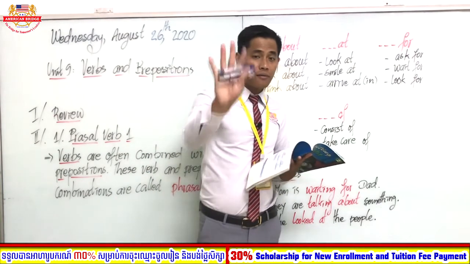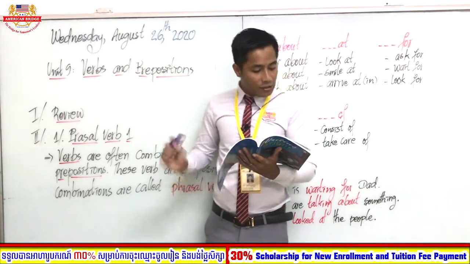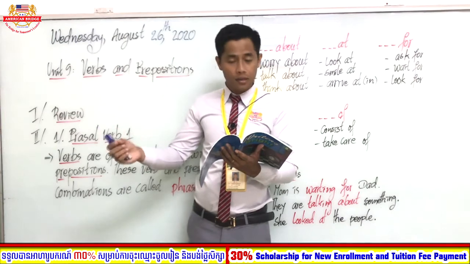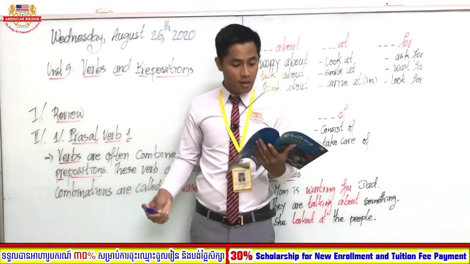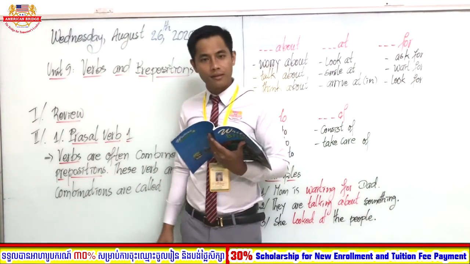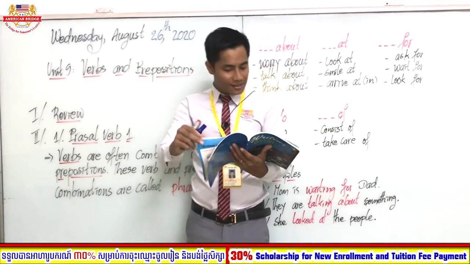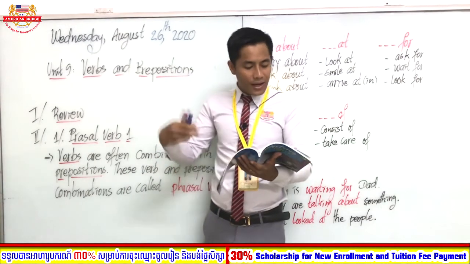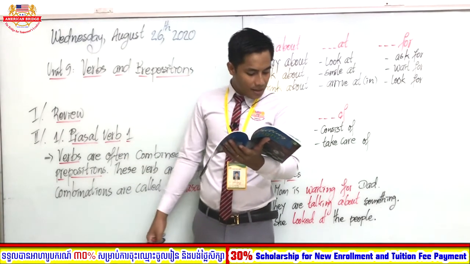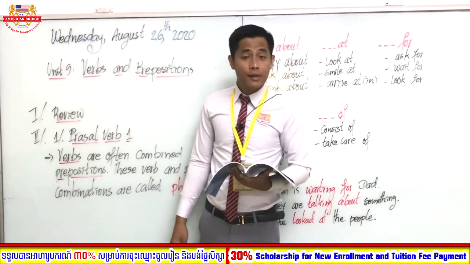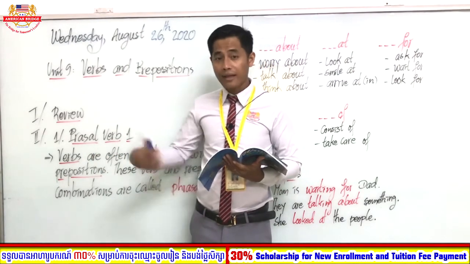So there are four types of preposition that we have learned in Unit 8: location, time, place, and direction and movement. Teacher hopes you still remember this. If you are not clear about prepositions, you can read the book on page 78, or you can replay the video for this unit, then you will understand.